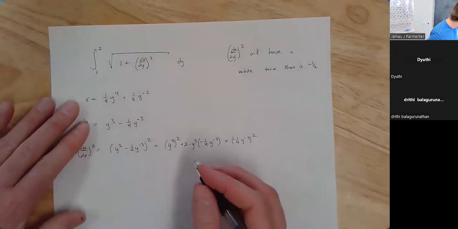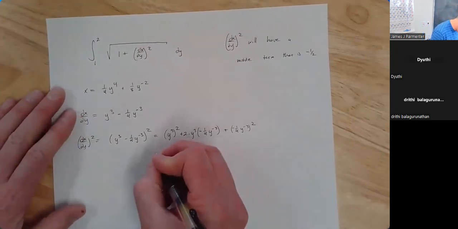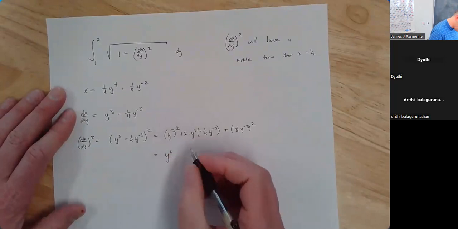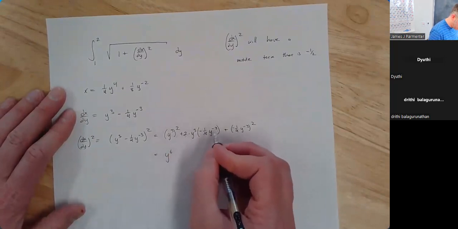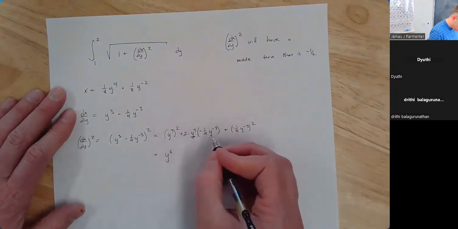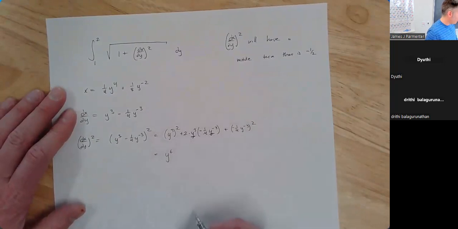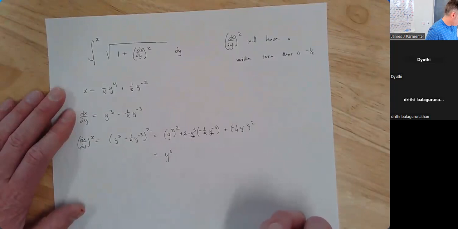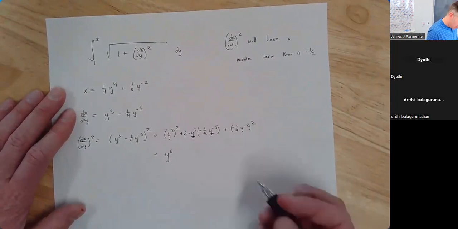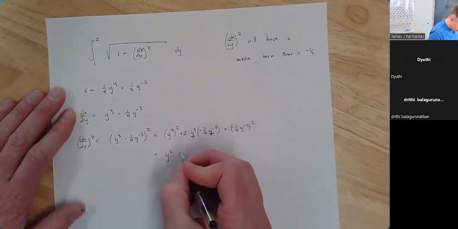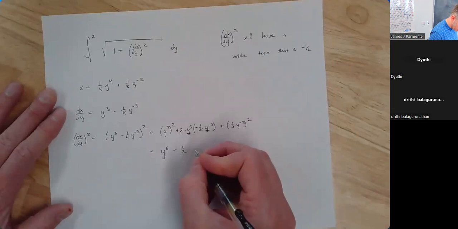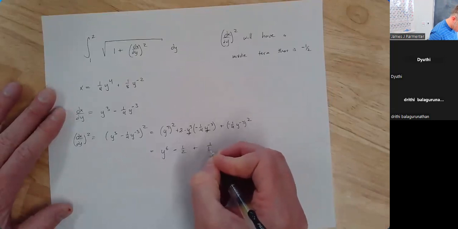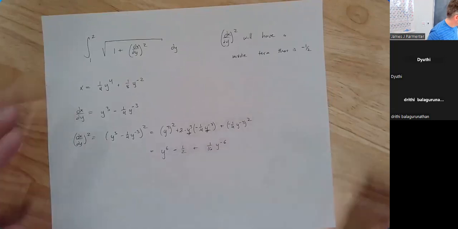The middle term is exactly going to be negative 1/2. I've got y to the 6th. I've got 2 times y cubed times negative 1/4 times y to the negative 3rd. The y cubed and the y to the negative 3rd multiply together to give you y to the 0th, right? They cancel each other out. And then 2 times negative 1/4 is negative 1/2. And this last part over here is plus 1/16 y to the negative 6th.